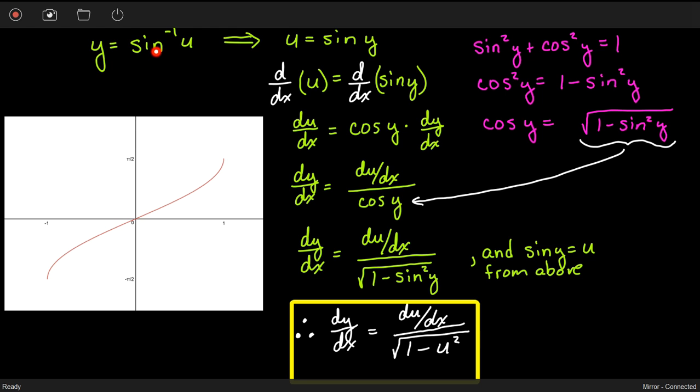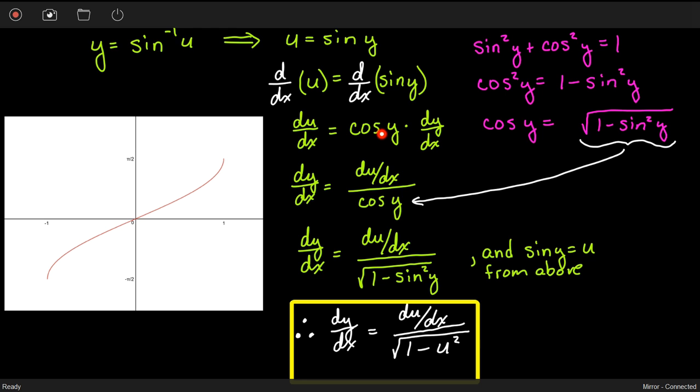First thing we did was take sine over to the other side, making it sine of y is equal to u. Taking the derivative of both sides of our equation gives us du dx equals, and then the derivative of sine is cosine of y, but then we have to multiply by the derivative of this part because that's our chain rule, so it's going to be times the derivative of y with respect to x.